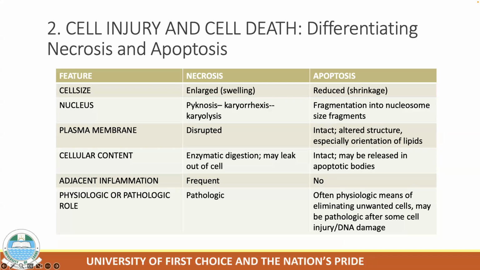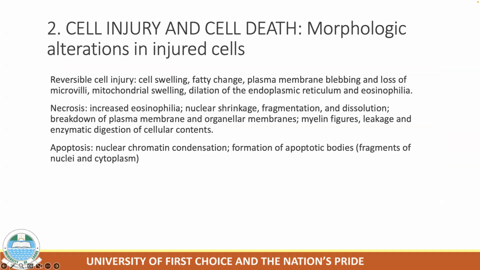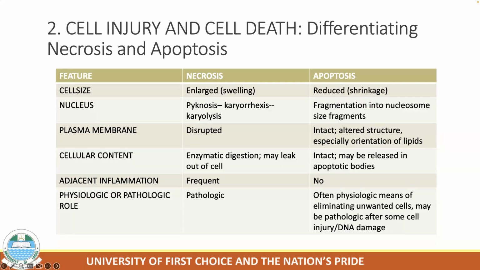So pyknosis, karyorrhexis, and karyolysis are the processes I described earlier, where we talked about shrinkage, fragmentation, and dissolution. That's the 3 steps. Now, while dissolution happens in necrosis, in apoptosis, the nucleus fragments. So there are small fragments of the nucleus found within the end stage.